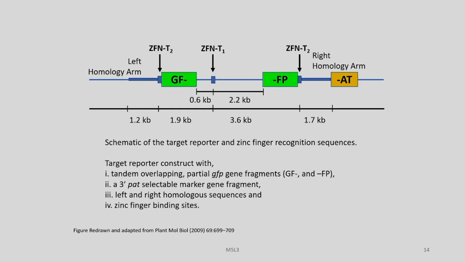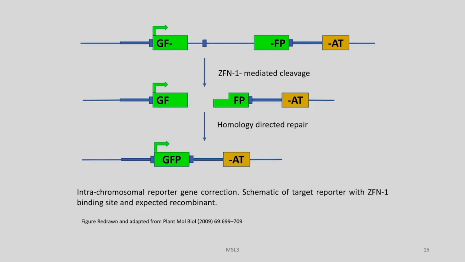So, here you have the target reporter construct with tandem overlapping partial GFP gene fragments, GF minus and dash epi, and then you have a 3' PAT selectable marker gene fragment and left and right homologous sequences, and you have many zinc finger binding sites.